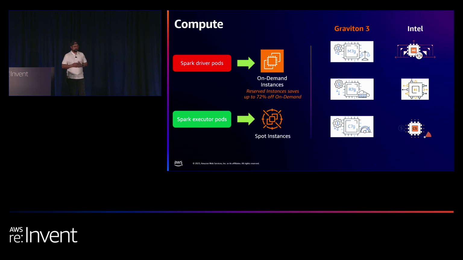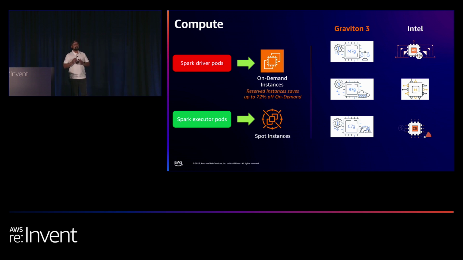Now, moving on to compute, I think this is one of the common asks customers have. When you want to run Spark on Kubernetes, on EKS, one thing to remember: the Spark driver is a single point of failure. So if the driver gets killed, the entire job gets deleted. So you have to restart the job and restart the computing process.